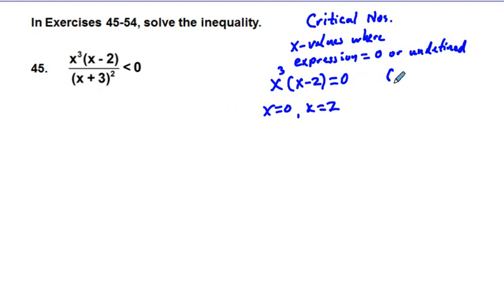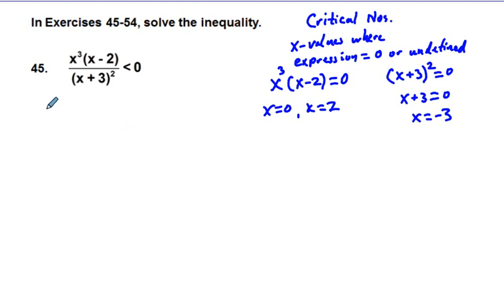If we set our denominator equal to 0, in this case quantity x plus 3 squared, we know that x plus 3 is equal to 0, so x equals negative 3 is another critical number. And now we can set up a number line for a sign chart analysis to figure this out.